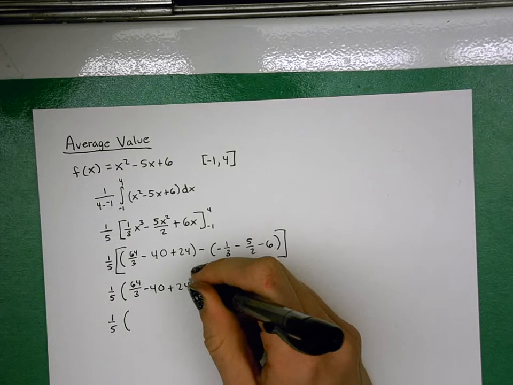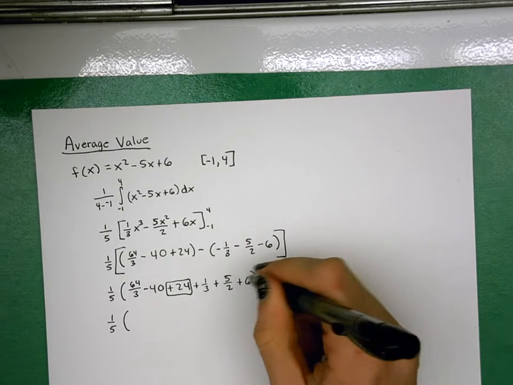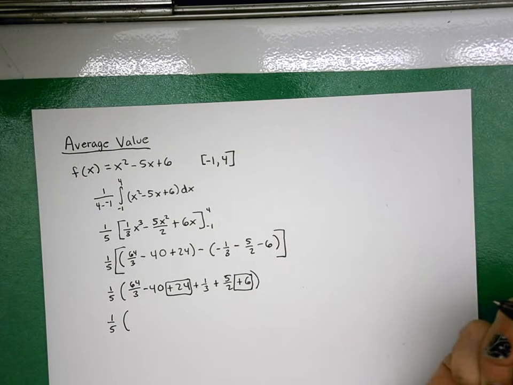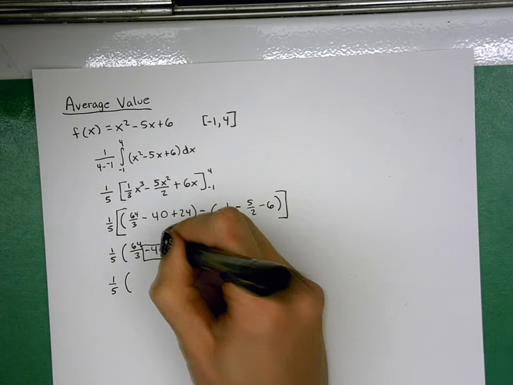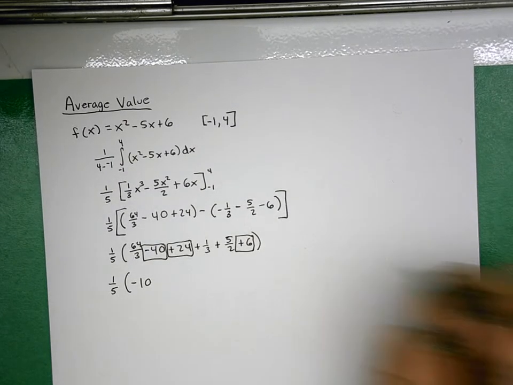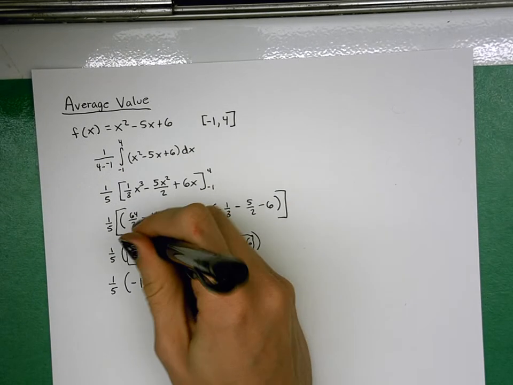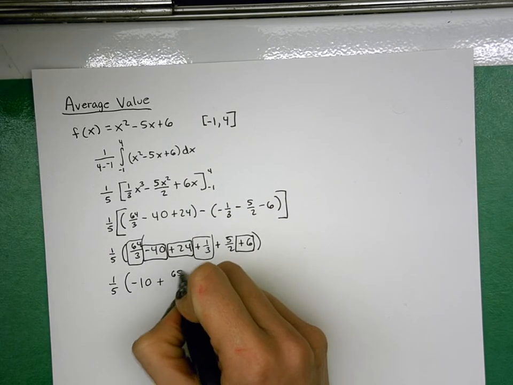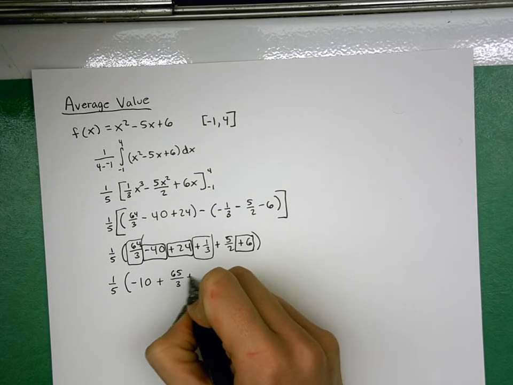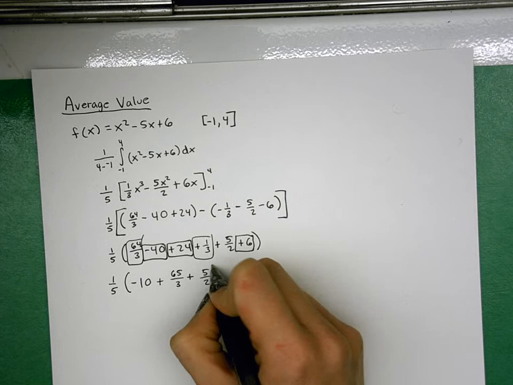I know that 24 plus 6 is 30, minus 40 is -10. I know that 64/3 plus 1/3 is 65/3, and then 5/2 is by itself here.